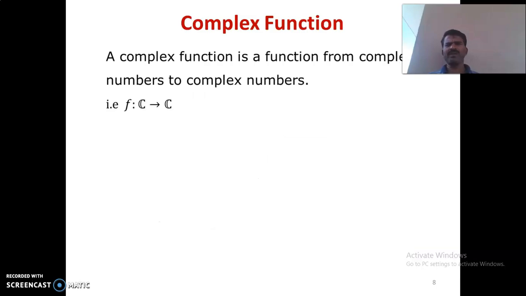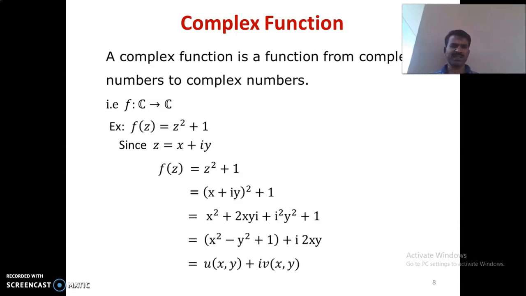Now let us see the complex function. A complex function is a function which maps complex numbers to complex numbers always. For example, if you take f of z equal to z square plus 1, here z is a complex number, and its image again becomes a complex number.